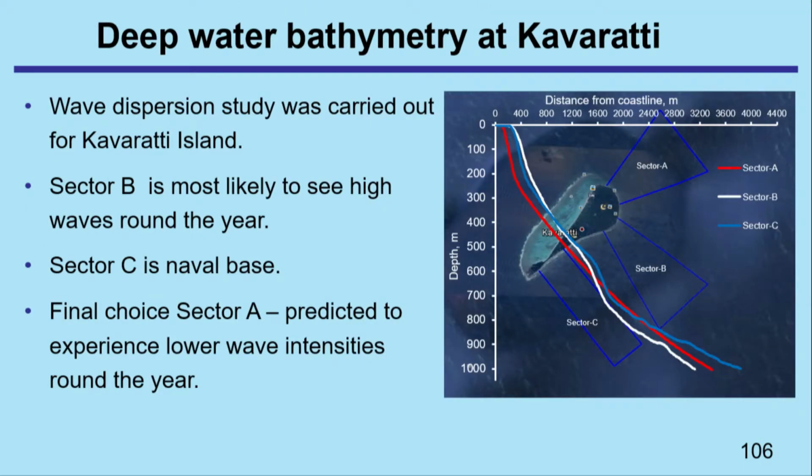And bathymetry, you see the depth of water and the temperatures are shown here for each section A, B and C. What is the temperature at nearly about a kilometer. You can see the distance from the coast is shown here, and so that we can identify which sector, either sector A, B or C, is the place where ultimately we should have it. So the final choice is sector A, taking into account all aspects of waves, currents, etc.